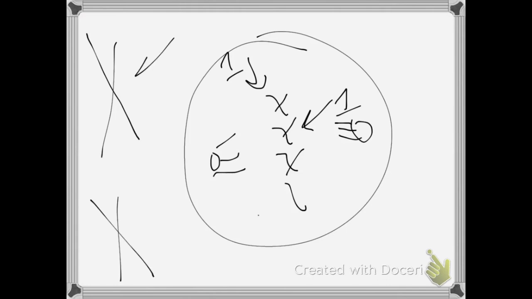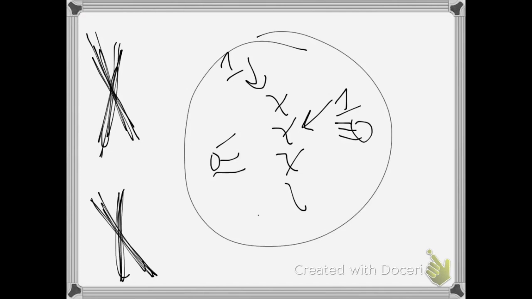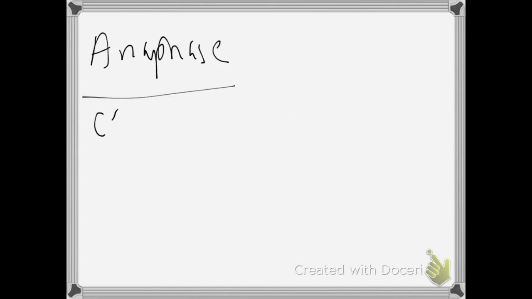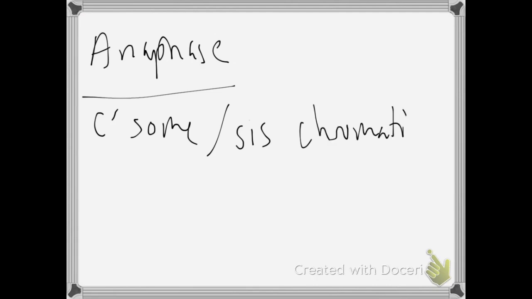So now it's still chromosome 1 from mom and still chromosome 1 from dad, but they have two sister chromatids. So this is a sister chromatid with this, and this is a sister chromatid with this. So sister chromatids are pulled apart during anaphase for mitosis. So chromosomes, or you could say sister chromatids, pulled apart.